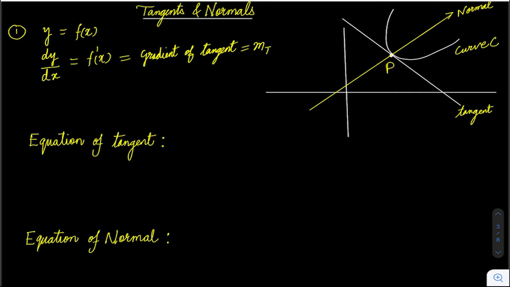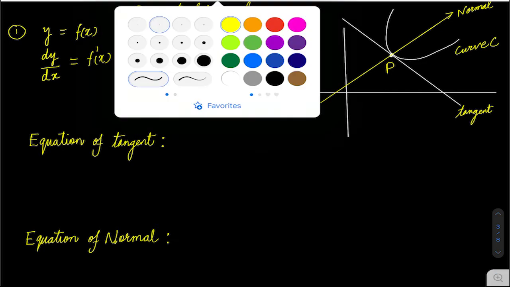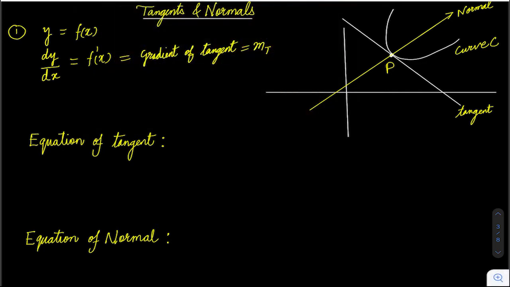Second thing is, a tangent and a normal are at right angles. As you can see in the diagram, at point P we have a tangent and we have a normal. Let me take the gradient of normal as mn and the gradient of tangent as mt, just for understanding.